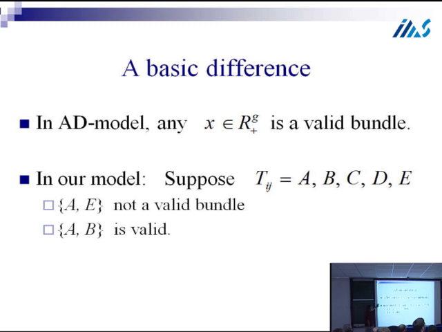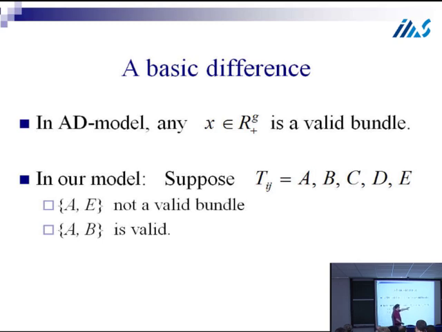Namely, in the ROW model, any allocation is a valid bundle. So however much milk and honey and cheese you got, that's a valid bundle. In our model, because of these total orders, not every bundle is valid.